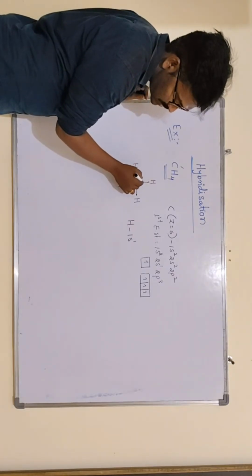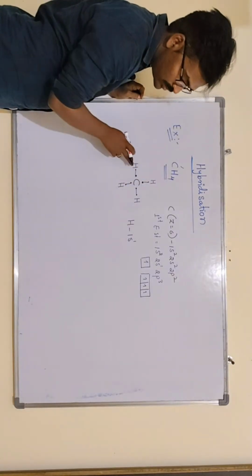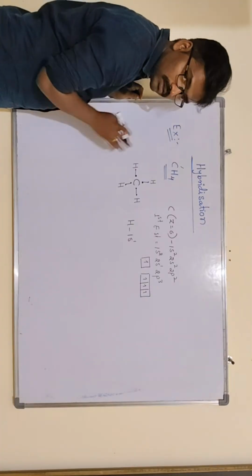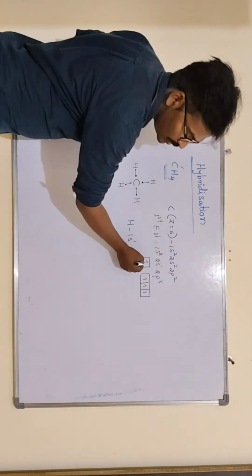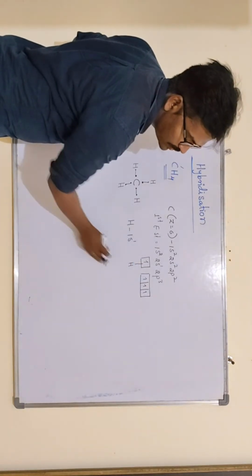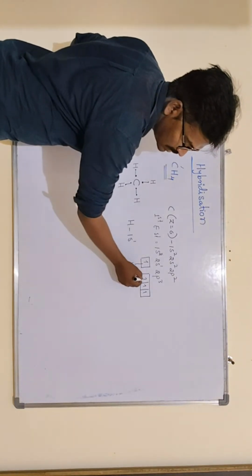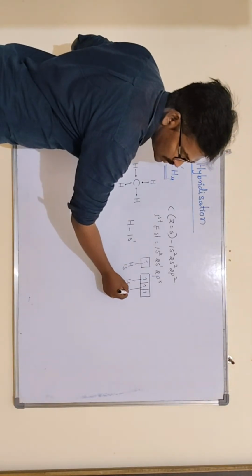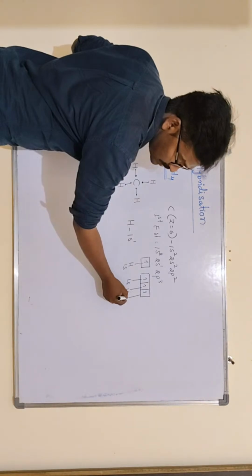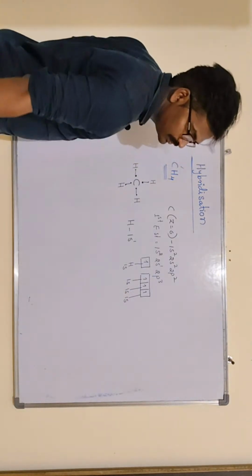They can form bonds like this. If you observe these 4 bonds, each has a hydrogen 1s orbital.